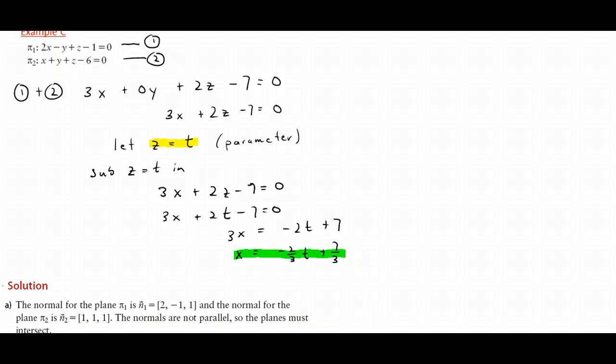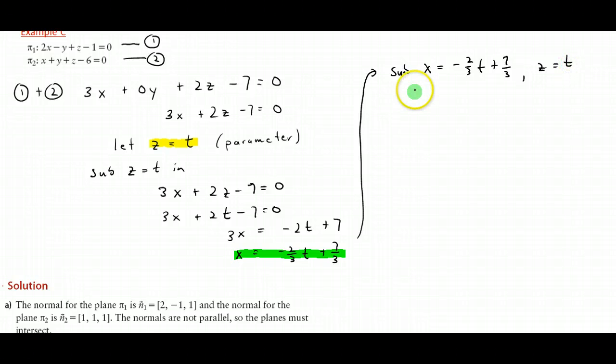The last step is to find the y variable in terms of the parameter, and for that we have to go back to one of the original equations. We could use either equation 1 or equation 2. Equation 2 has coefficients of 1 on each variable, so let's use that one. We're going to substitute x equals minus 2/3 t plus 7/3, and z is just equal to t, into equation 2.